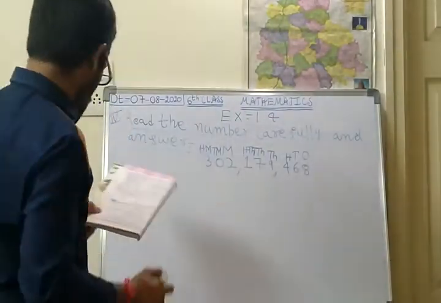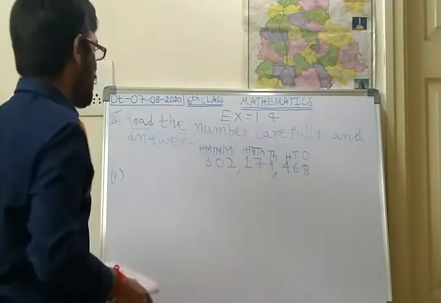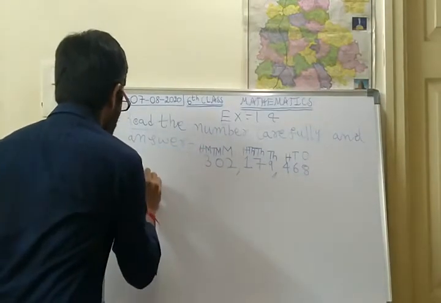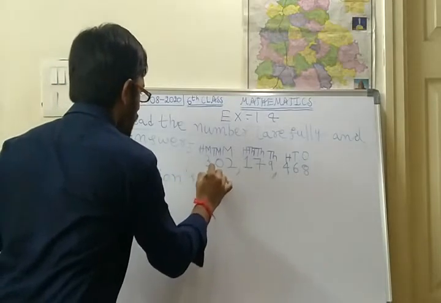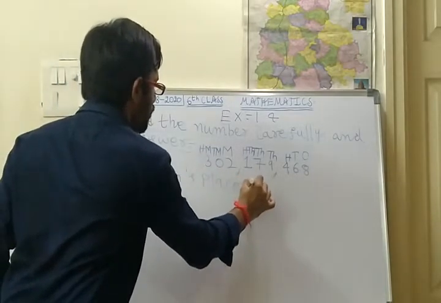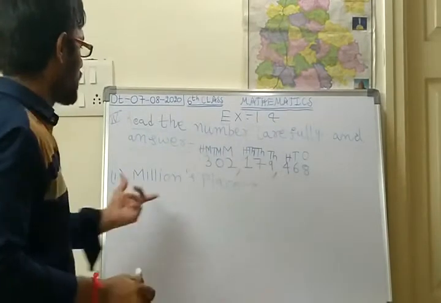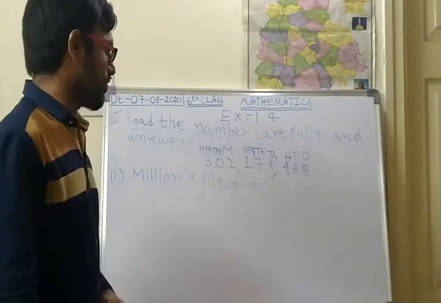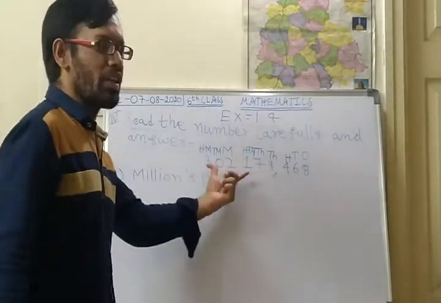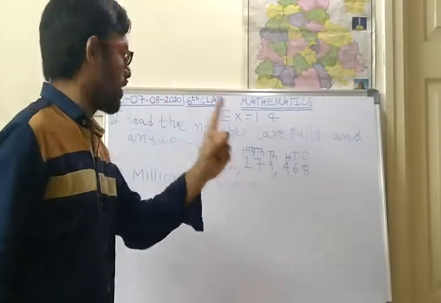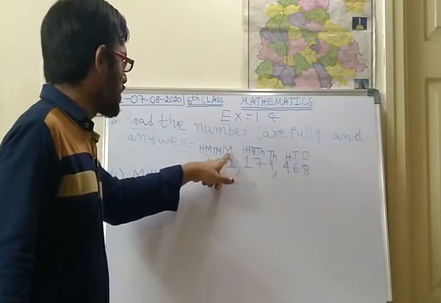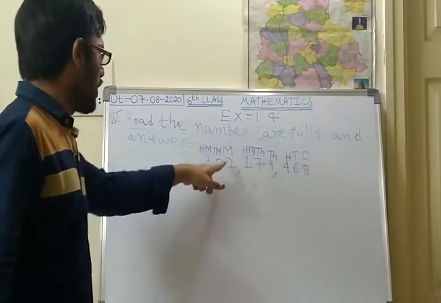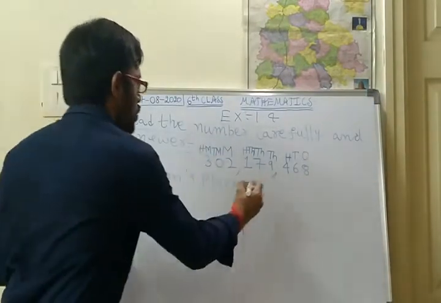The digit at millions place. In the millions place, which digit is it? First of all, identify where the millions place is. That means 1 million. After 100,000, it is 1 million. So in the millions place, which digit is it? 2 is it. So write down 2.